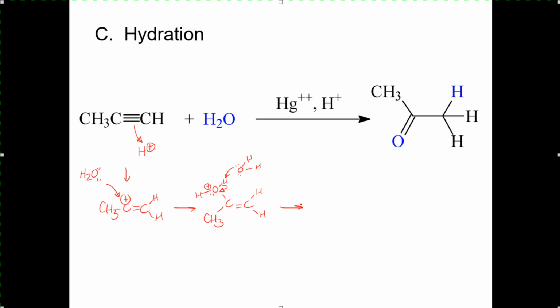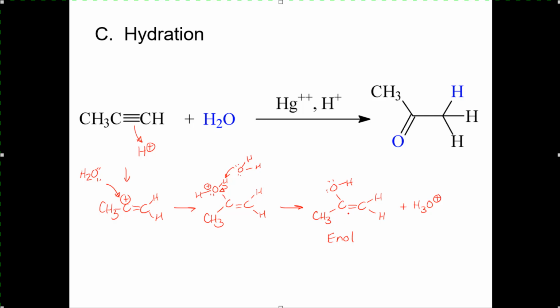So I'm basically going to lose this as an H plus to be captured by the water, and so I'm going to make this molecule as the final product plus H3O plus. Now, this molecule is not the ketone. So what happens? Well, this is actually a molecule called an enol. Why is it called an enol? Because it's half alkene, half alcohol.